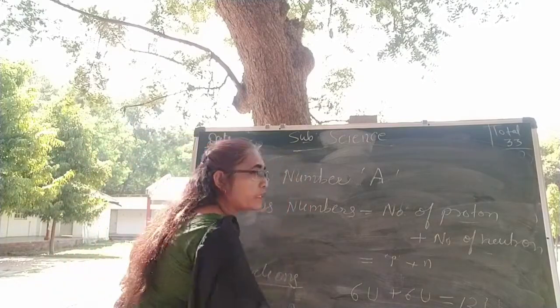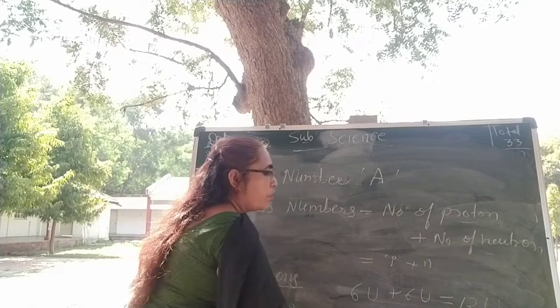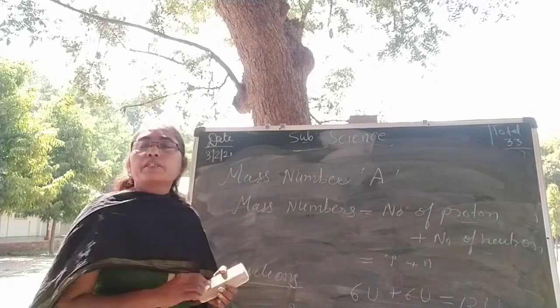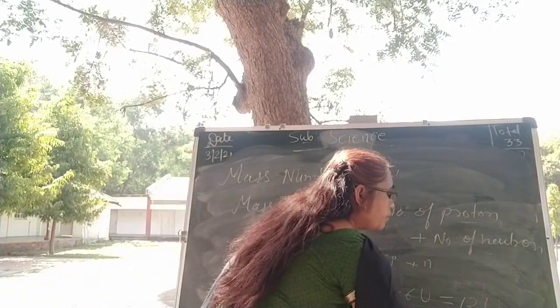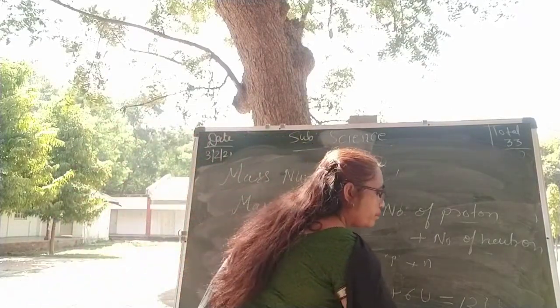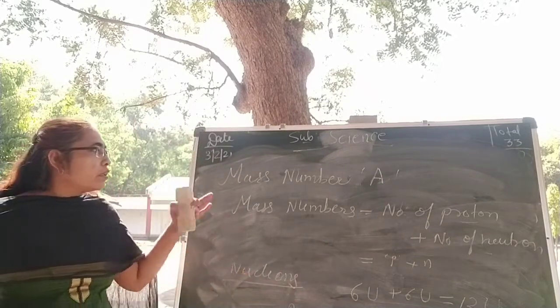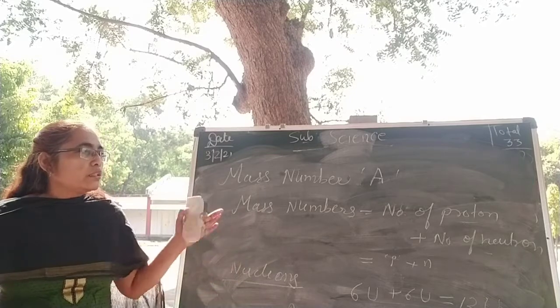And what is in superscript? 16. What about sodium? Subscript? 11. And superscript? 23. So we can represent atomic number and mass number using symbols.